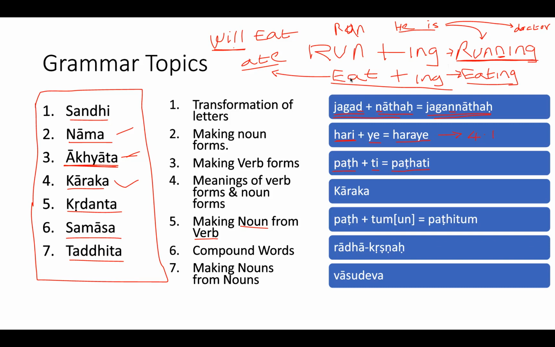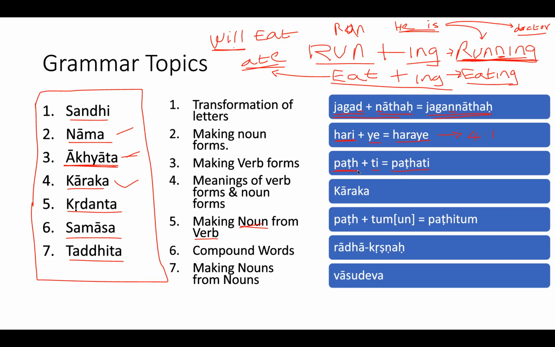For example, you won't say he is eat. He eats, you will say. Or he ate. You won't say he is ate. Because that's a verbal form. But this adjective is also, in Sanskrit, a noun. So you can use the same form. But this adjective or noun has been formed from a verb. Run is a verb. So you have added some suffix and you have brought this one. Like that, the Kridanta also makes some nouns from a verb.